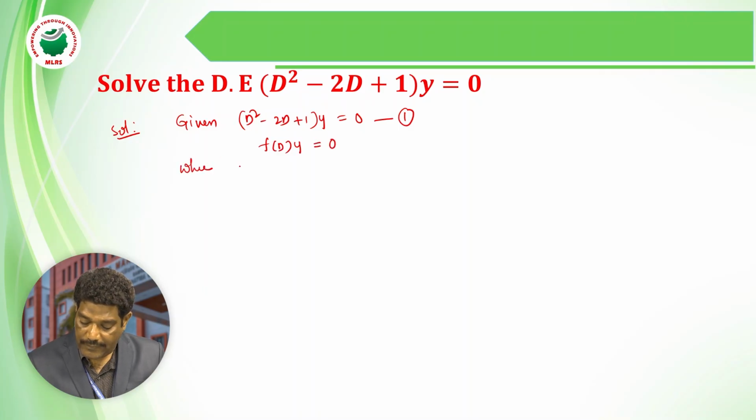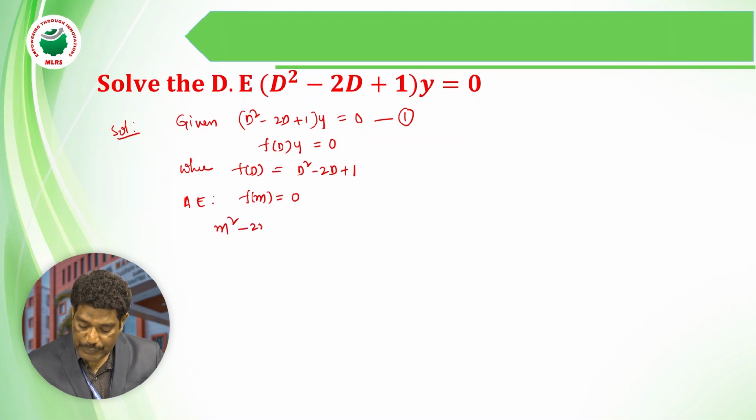Comparing with that, where f of D equals D square minus 2D plus 1. And next, take the auxiliary equation f of m equals to 0. Therefore, m square minus 2m plus 1 equals to 0.